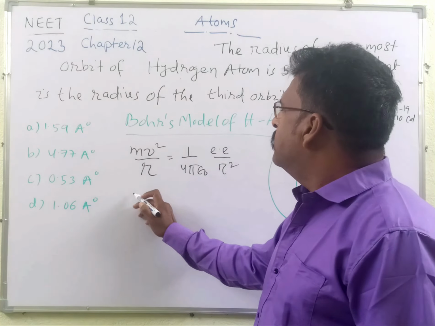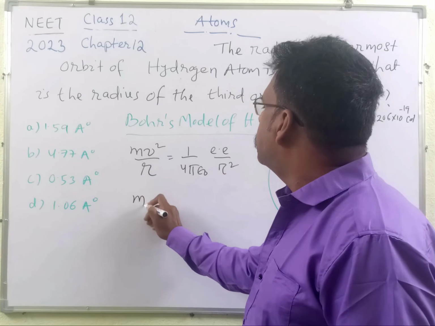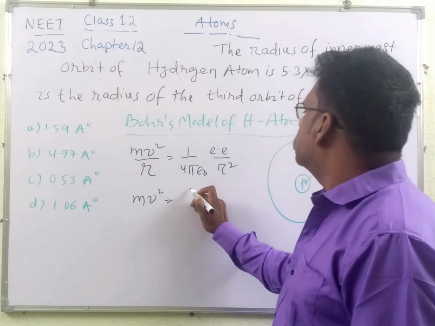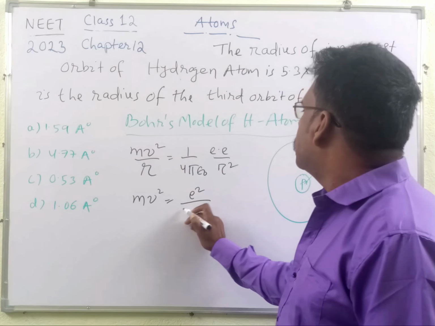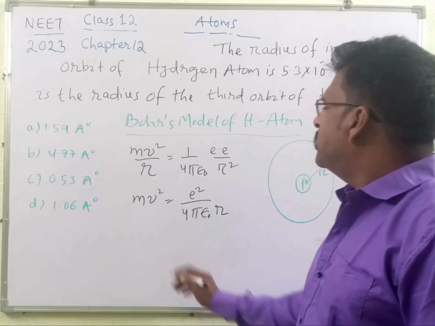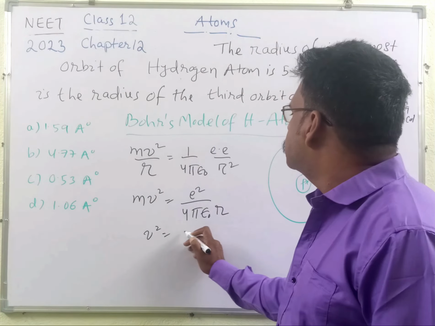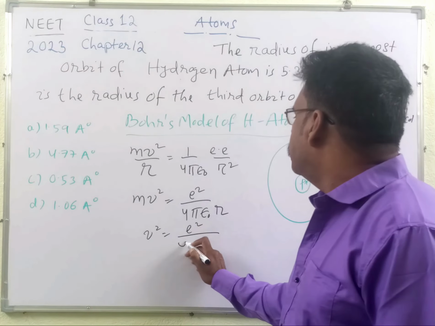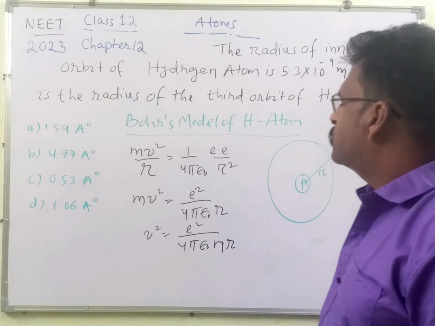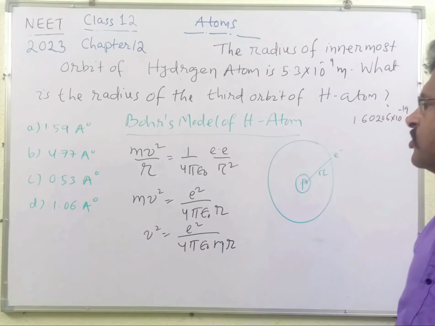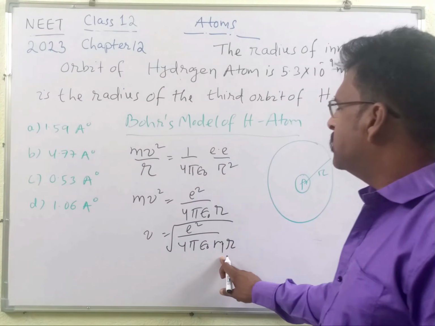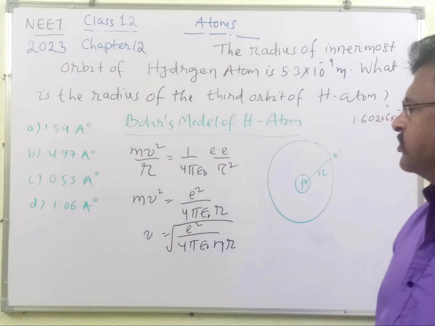So we may write mv square by r is equal to e square by 4 pi epsilon 0 r square, and this becomes v square equal to e square by 4 pi epsilon 0 m r. This is the formula for the velocity; if you take the root of this quantity, we get the velocity.